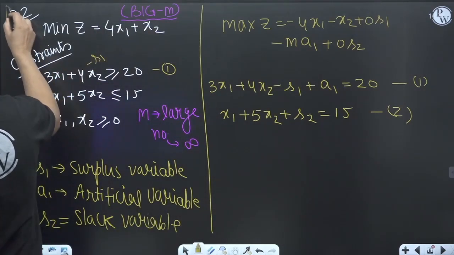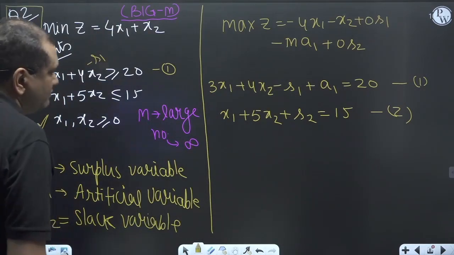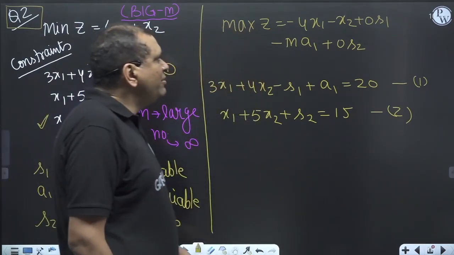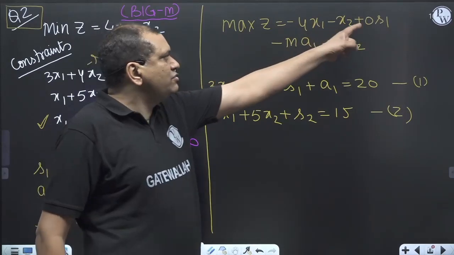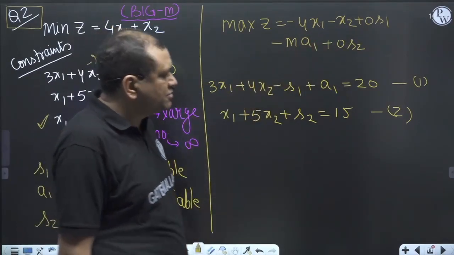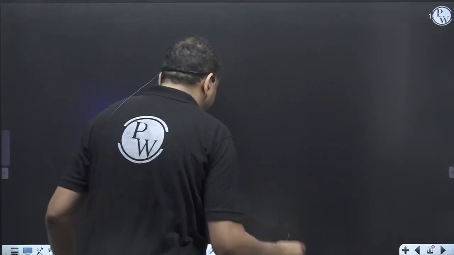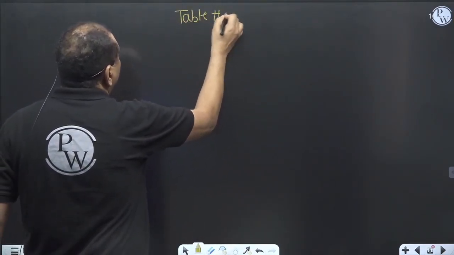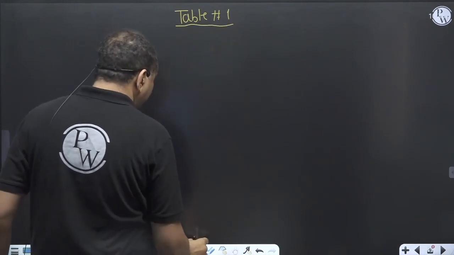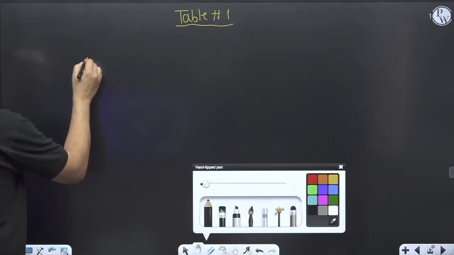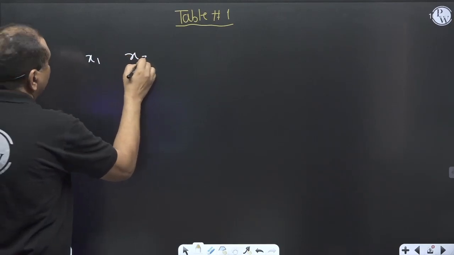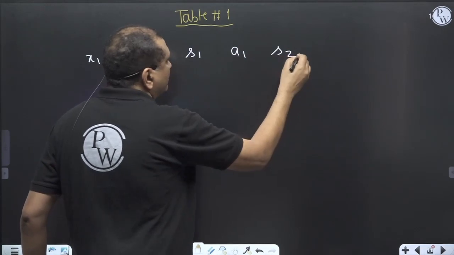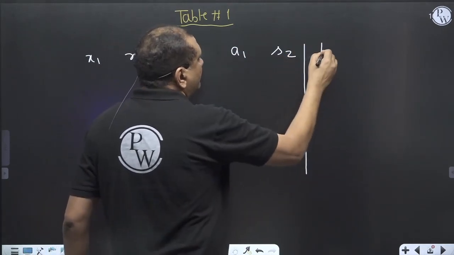Let us again make the table based on this information. So how many variables are there? X1, X2, S1, A1 and S2. Table number 1. Objective function x1, x2, s1, a1, s2, b.